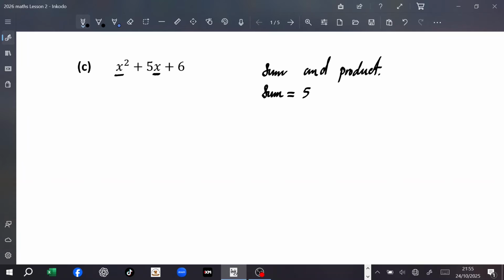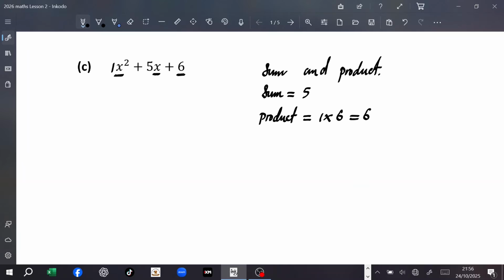Then the product is found by getting the coefficient of this x to power 1. So the coefficient of this x to power 1, you multiply by this constant here. Like this product can be found if we say the coefficient of this x here, there's 1 here, so it will be 1 times, then the constant here, this number which has got no letter is known as a constant, so 6, which is equal to 6 actually.